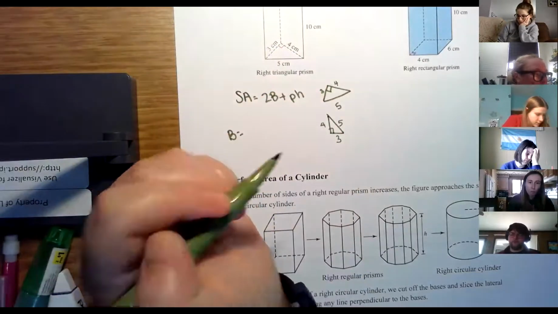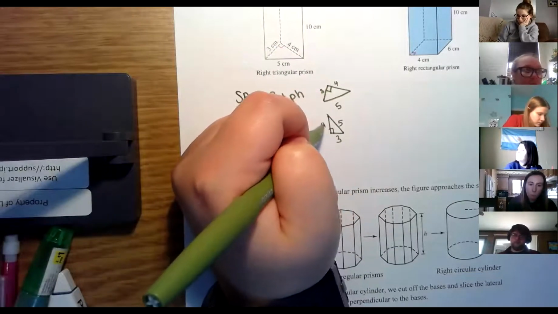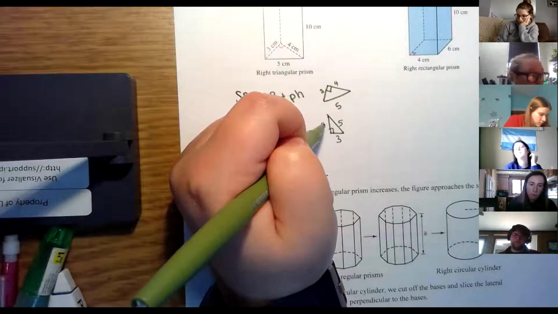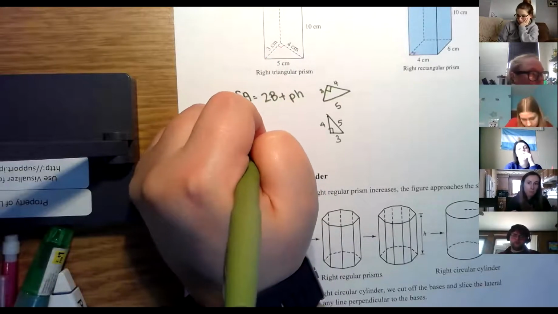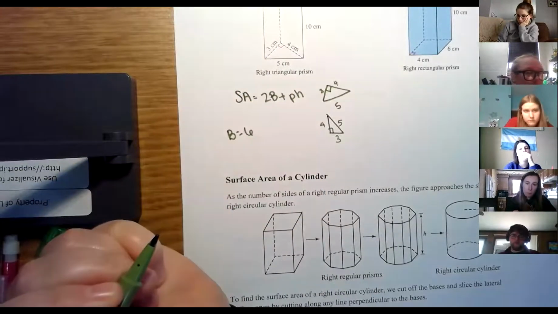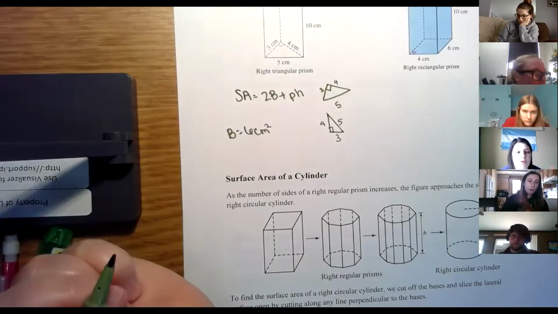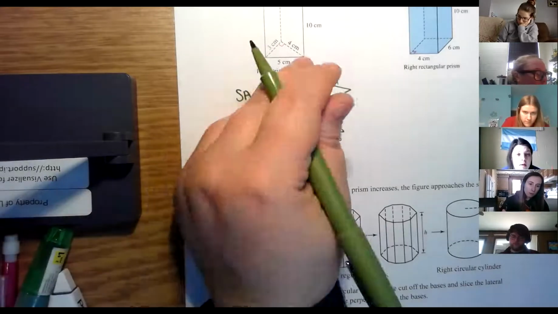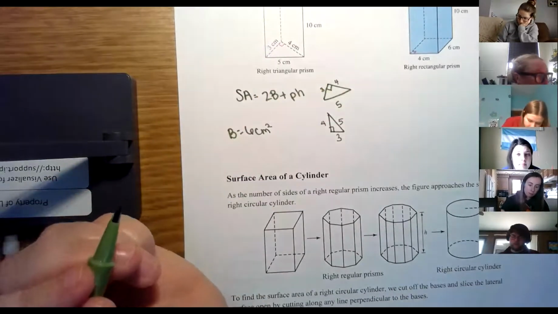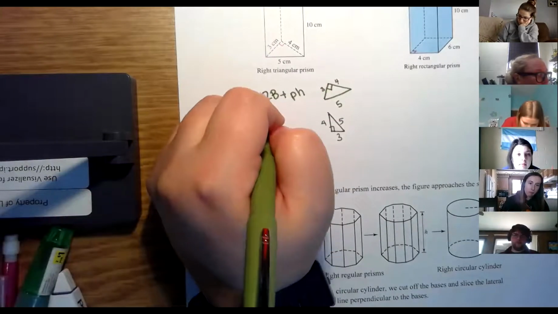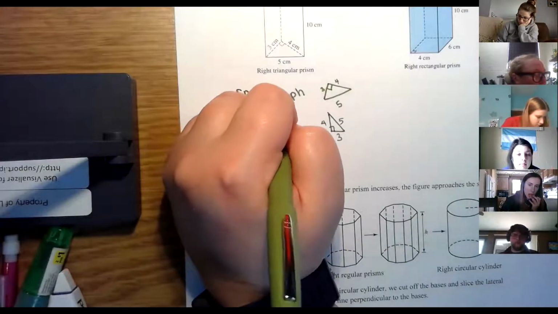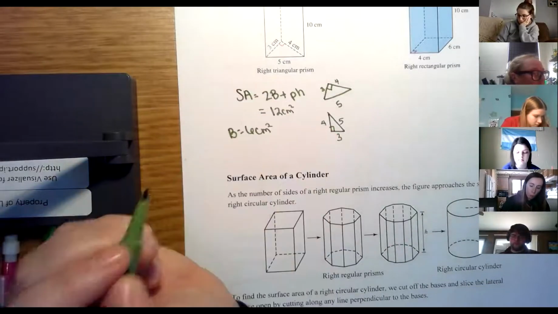So you have your base times your height, which is 12, divided by 2 is 6 centimeters squared. And then you just have to multiply it by 2 all over again because there's 2 of them. Right. So I'm going to have 12 centimeters squared for my 2B part.